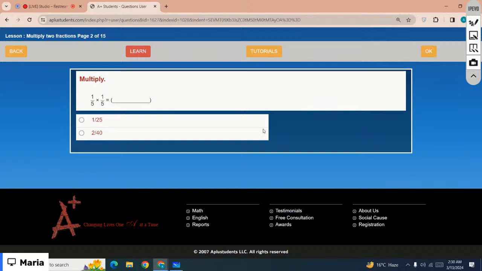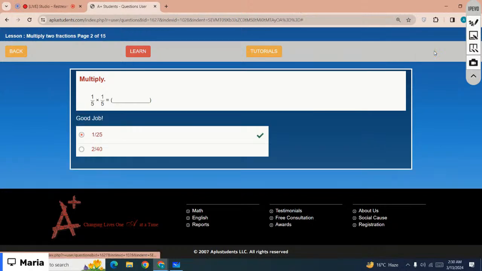Option number 1 is the correct option. You have to multiply the numerators and the denominators. So you have to do 1 times 1 divided by 5 times 5. So the correct option is 1 over 25.